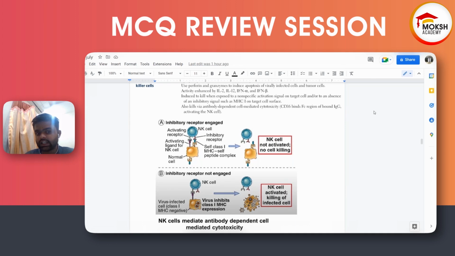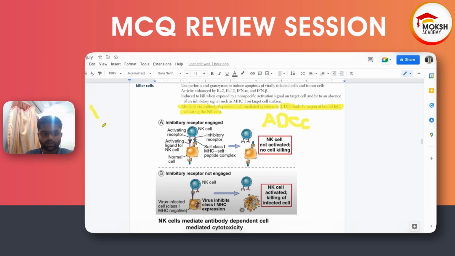What is the other type of mechanism of how they are activated? They also kill via antibody-dependent cell-mediated cytotoxicity. We can remember it as ADCC, antibody-dependent cell-mediated cytotoxicity. In this, CD16 binds to the Fc portion of IgG, activating natural killer cells.